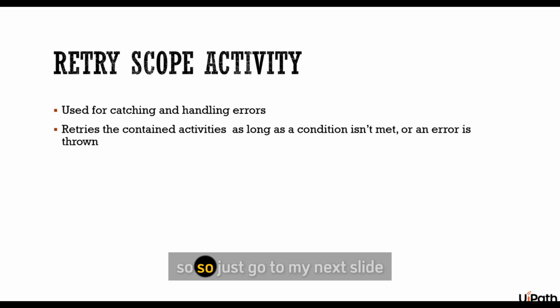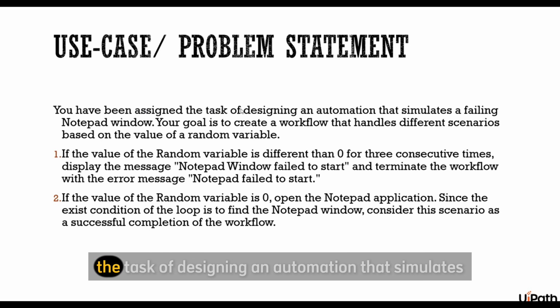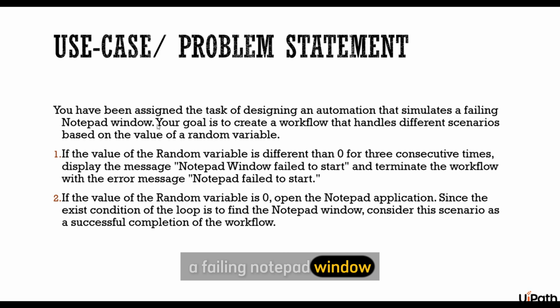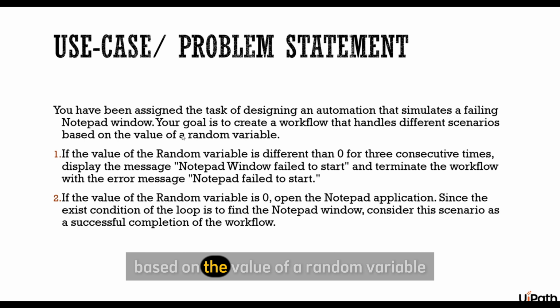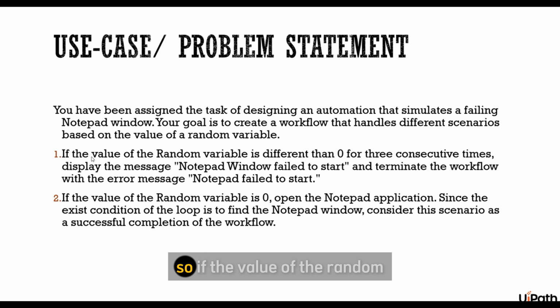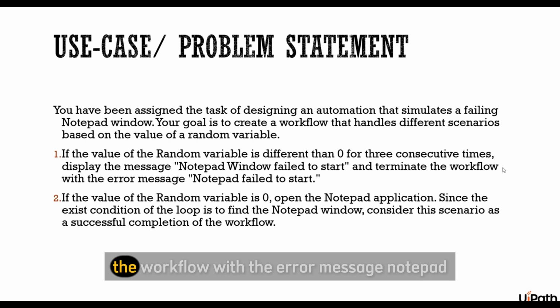So I'll just go to my next slide. This is the use case that we'll be working with. You have been assigned the task of designing an automation that simulates a failing Notepad window. Your goal is to create a workflow that handles different scenarios based on the value of a random variable. If the value of the random variable is different than 0 for 3 consecutive times, display the message Notepad window failed to start, and terminate the workflow with the error message Notepad failed to start.